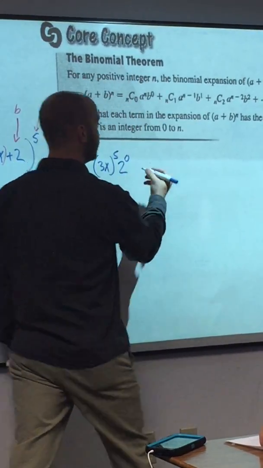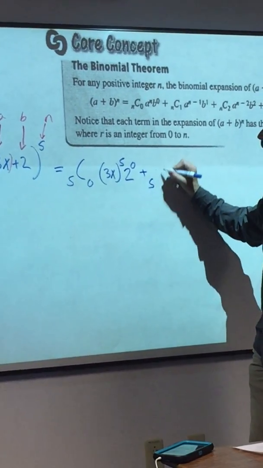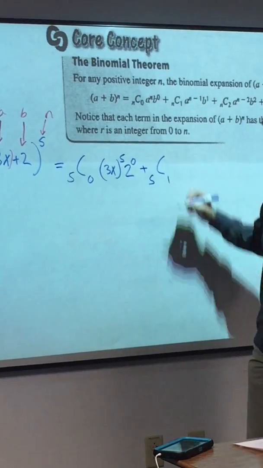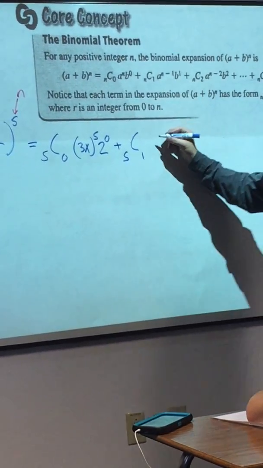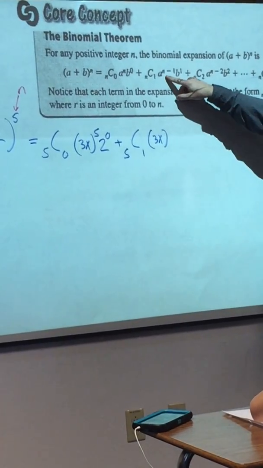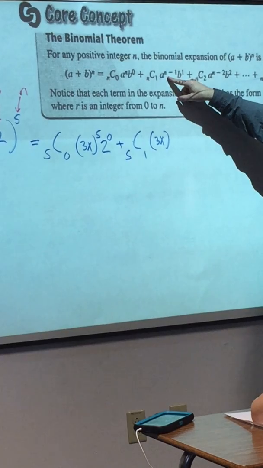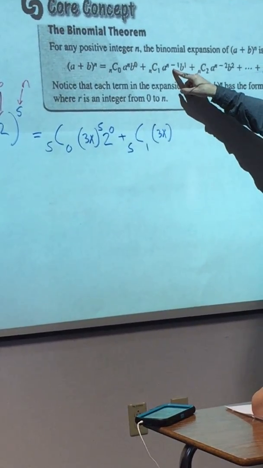which is nC1. Okay, n is still 5. C is still C, 1 is still 1. a is still 3x, but notice what happens to the exponent here. It goes from being n to being n minus 1.